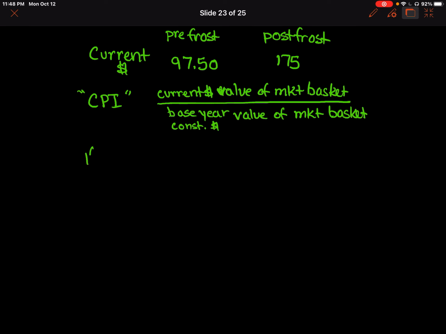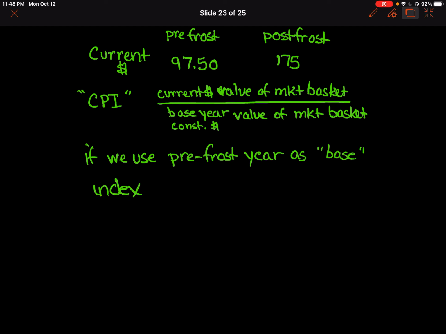So if we use, say, the pre-frost year as our base, then the index pre-frost would be 97.50 divided by 97.50.